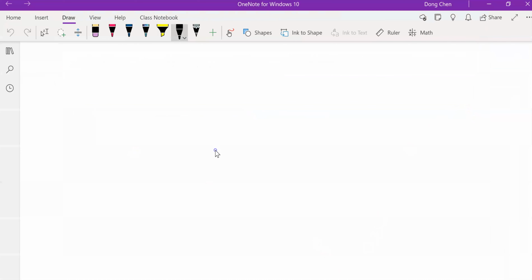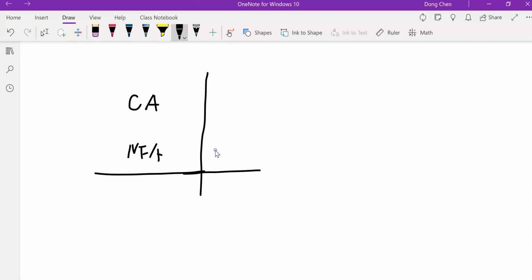So it's better to write down the balance sheet to understand the mechanisms for this question. We know that on the left-hand side of the balance sheet, there's current assets, then there's net fixed assets, and their sum becomes the total assets.